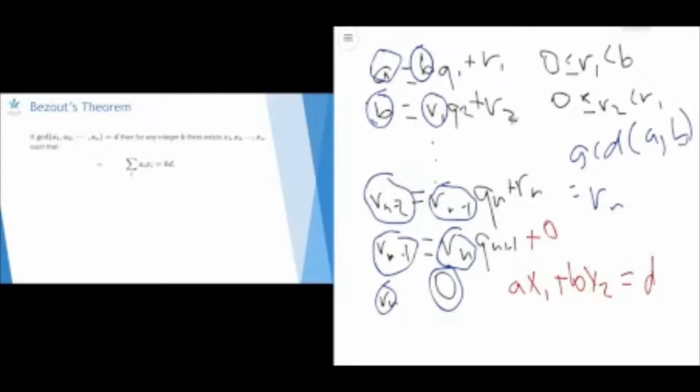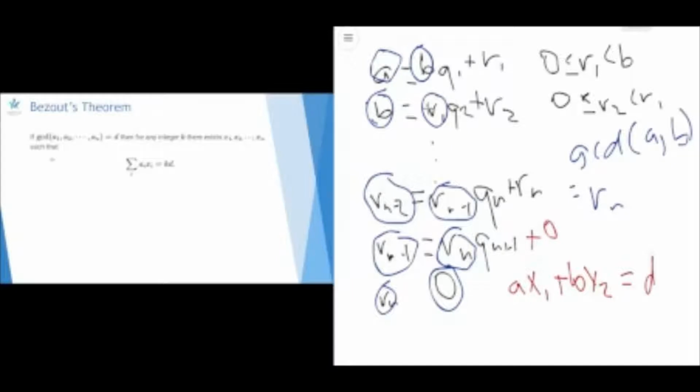we know that R of 1 is a linear combination of A and B, right? Because it's A times 1 minus B times Q of 1. So that's a linear combination of A and B. Then R of 2 is a linear combination of B and R of 1.